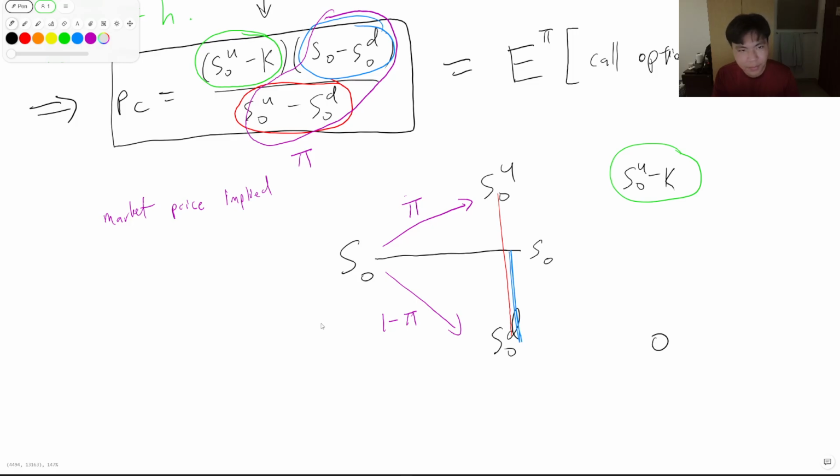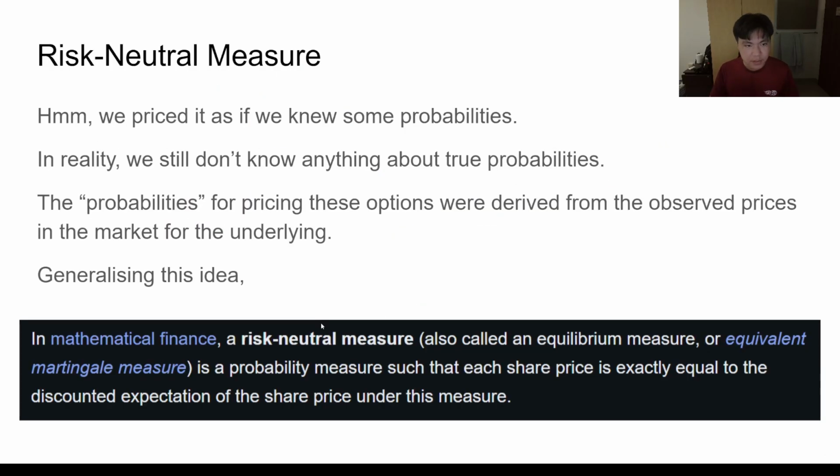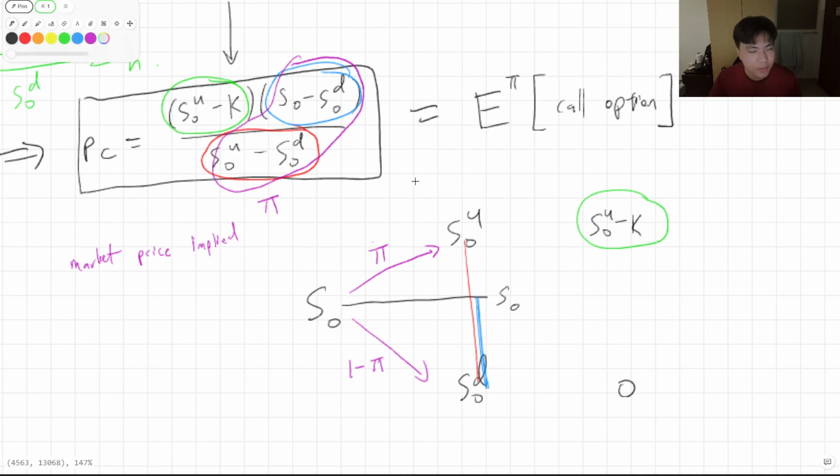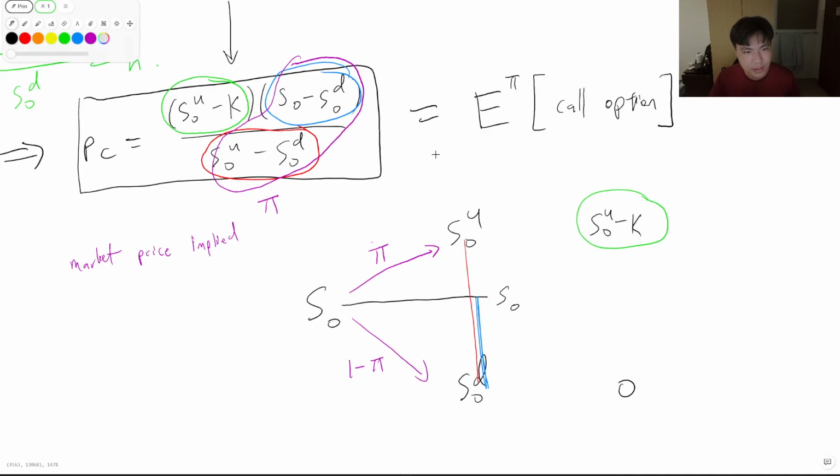What that means is just generalizing this risk neutral probability from these two cases, this binomial model, to many more possible outcomes. So yeah, I hope that this has given you some intuition for what the risk neutral probability is.